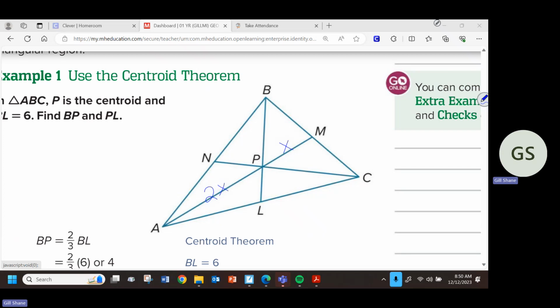In addition, AM, the entire median, is equal to 2x plus x. That would be the whole length. If we added both of those lengths together, we could get that. So let's do this, because it's the same for every median.